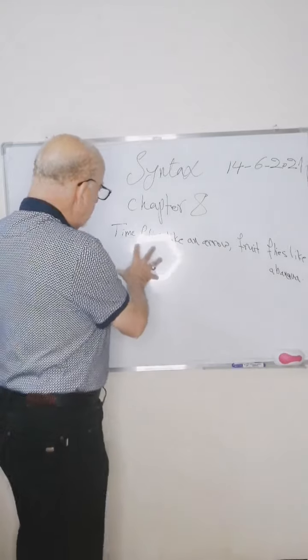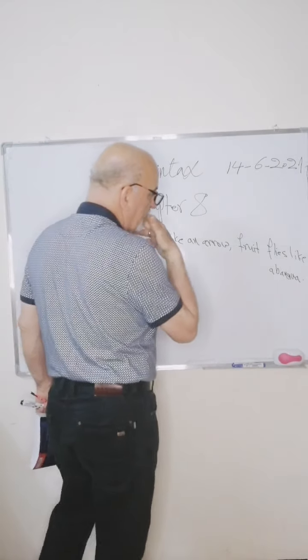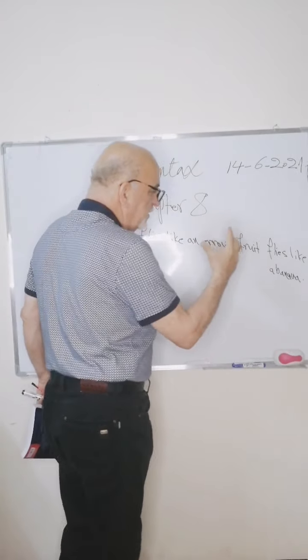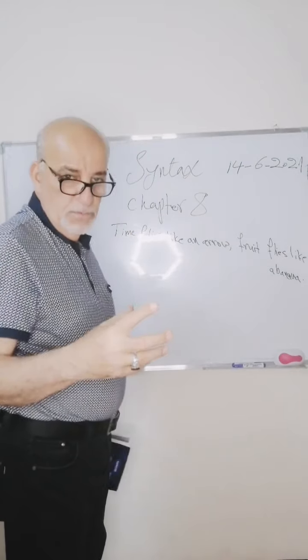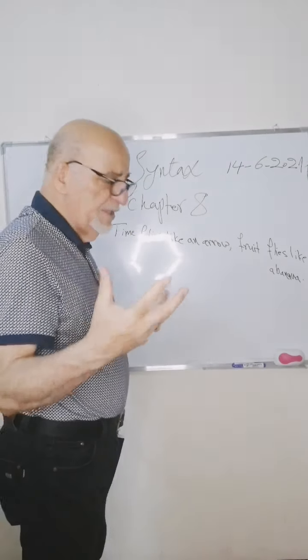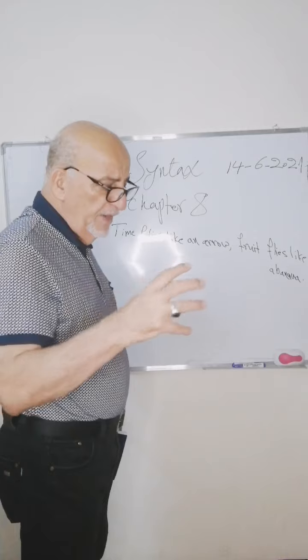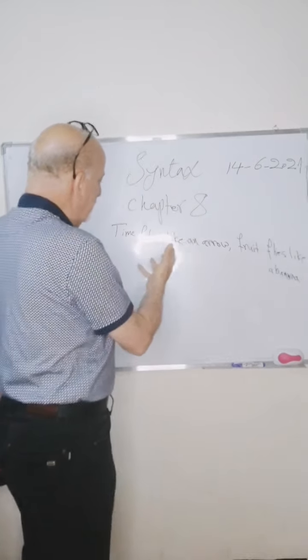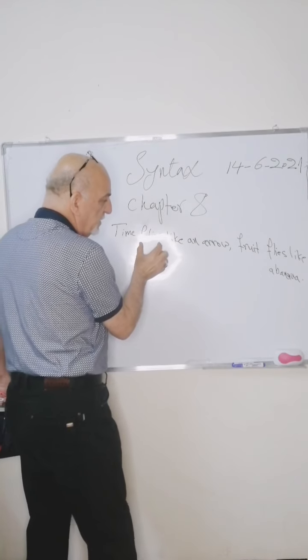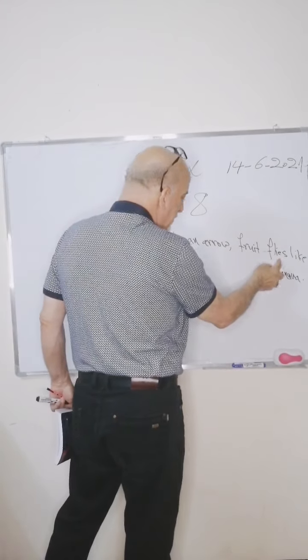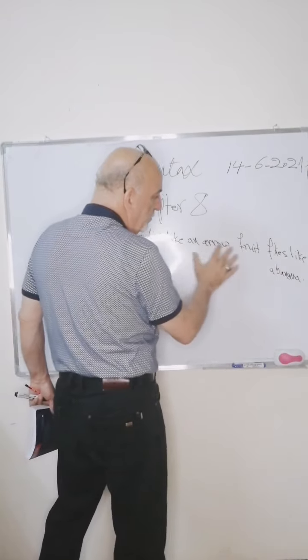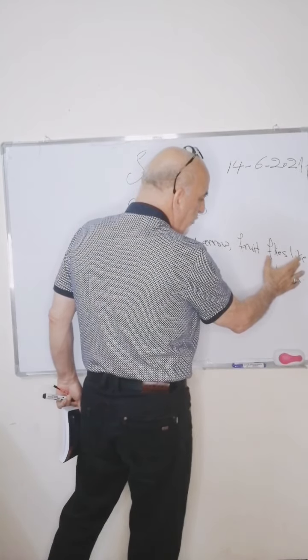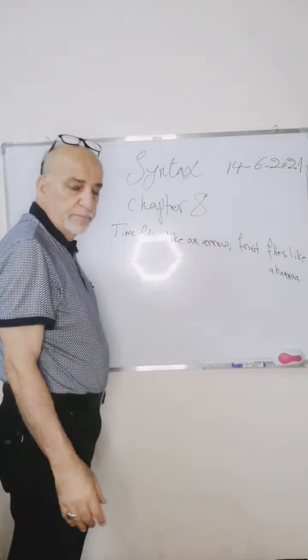Now, these two sentences look to be similar. Why are they similar? They are similar because here we have the word flies, here we have the word flies. Here we have the word like, here we have the word like.